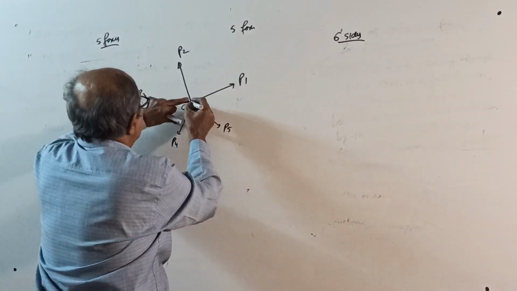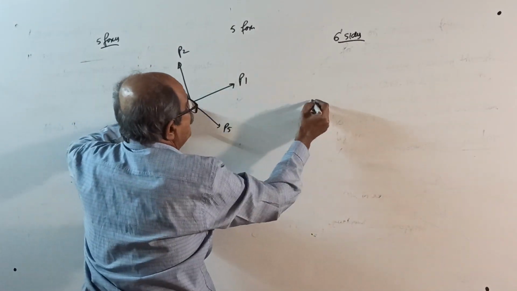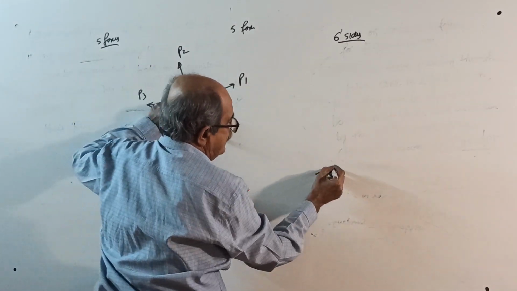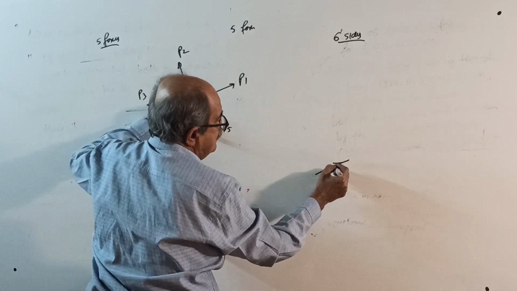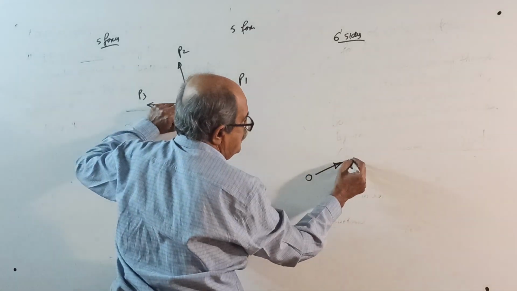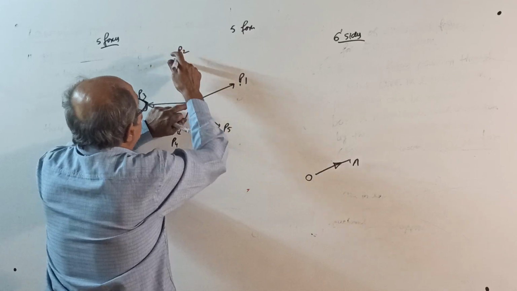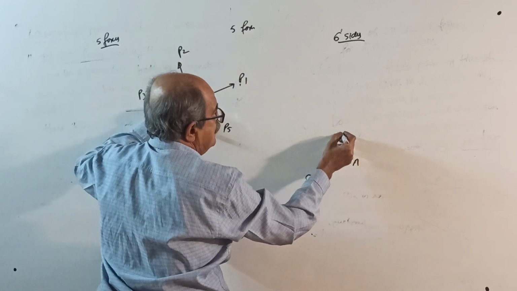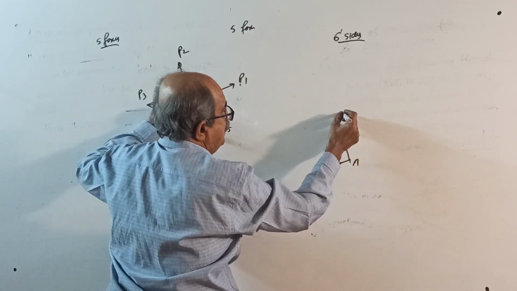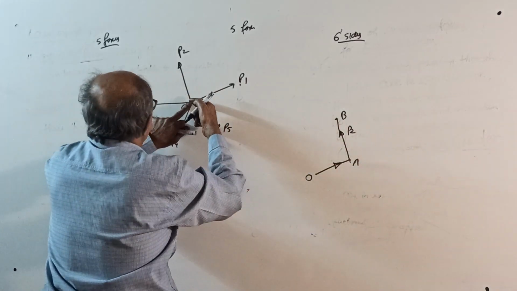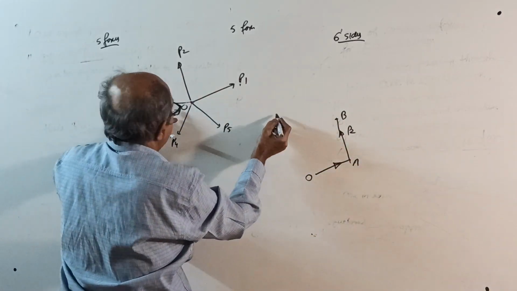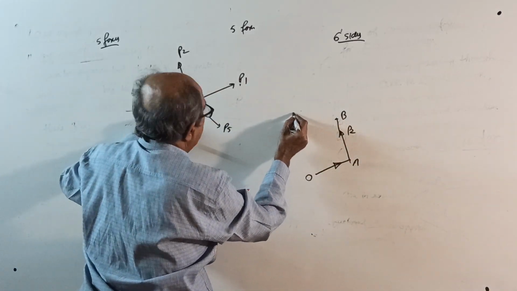Start from here. Represent P1 by OA, parallel to this one. Represent P2 by AB. Represent P3 by BC, slightly this way, whatever way is there.